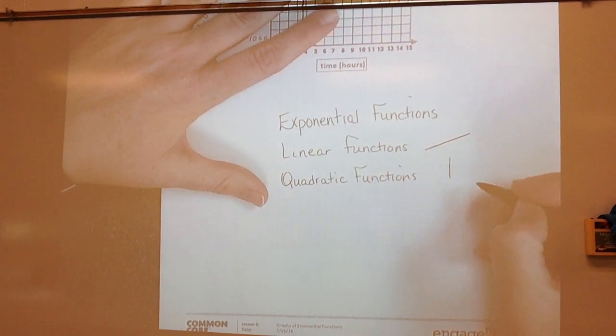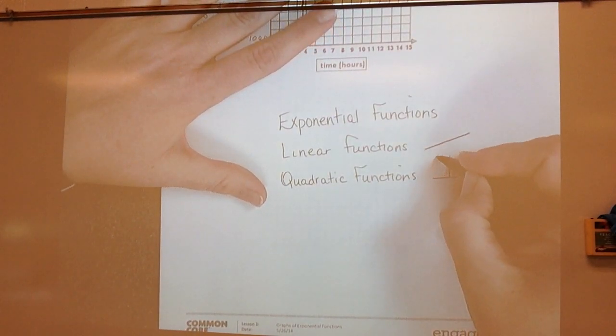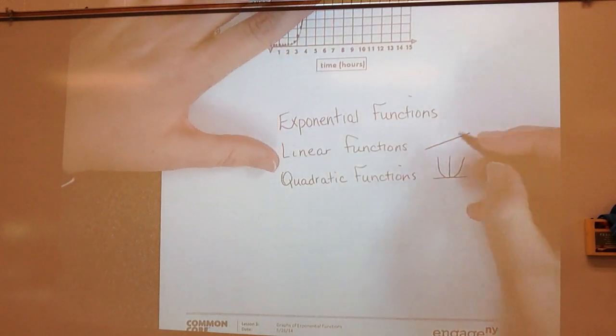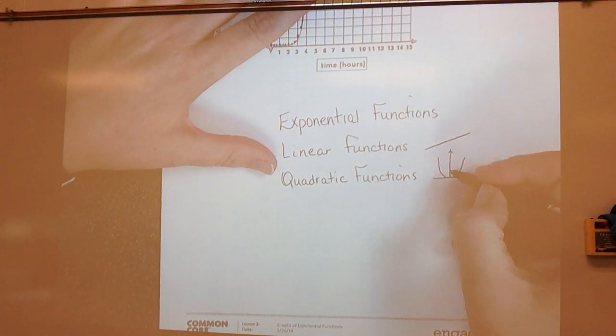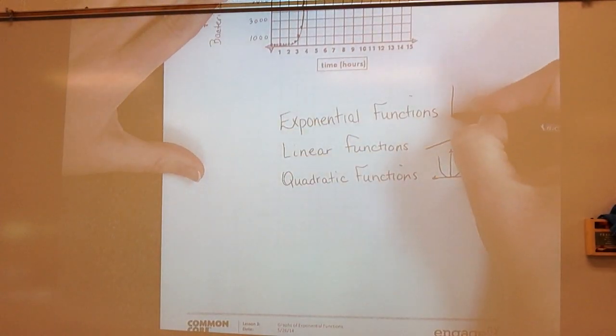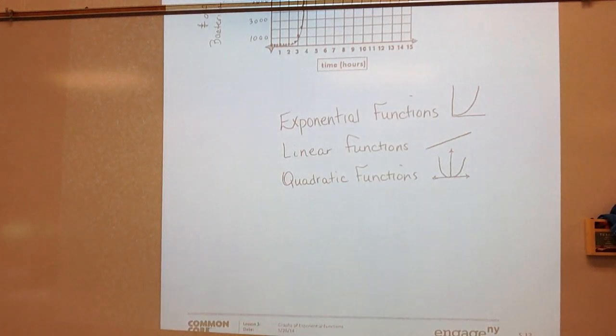If I were to put it on a graph, it would look something like this, okay? Exponential functions look like this. Guys, you're going to have to know this. You're going to have to be able to recognize the difference between those three types of graphs.